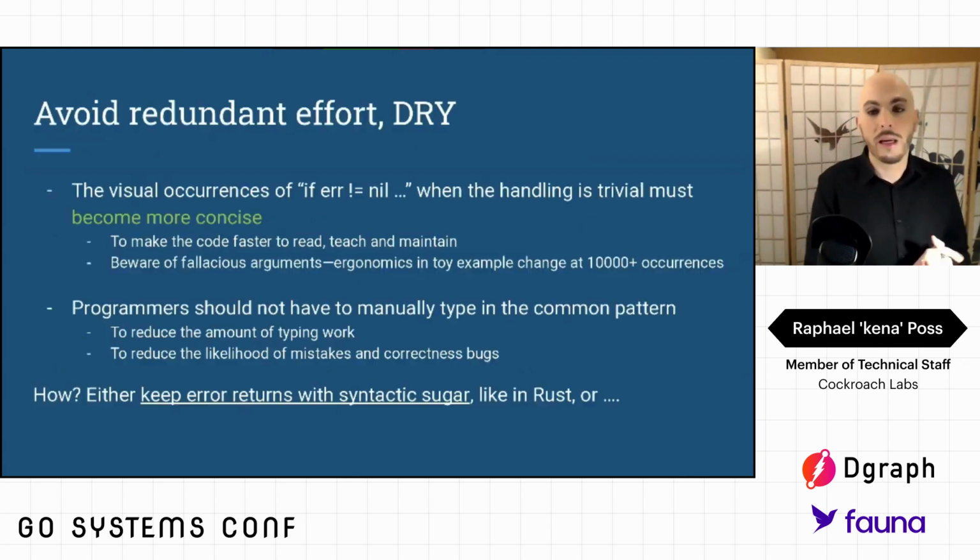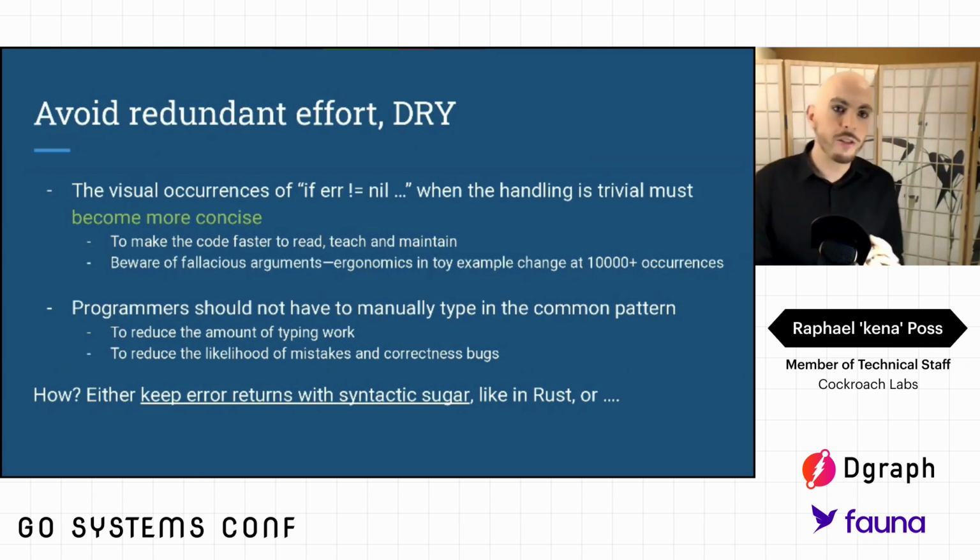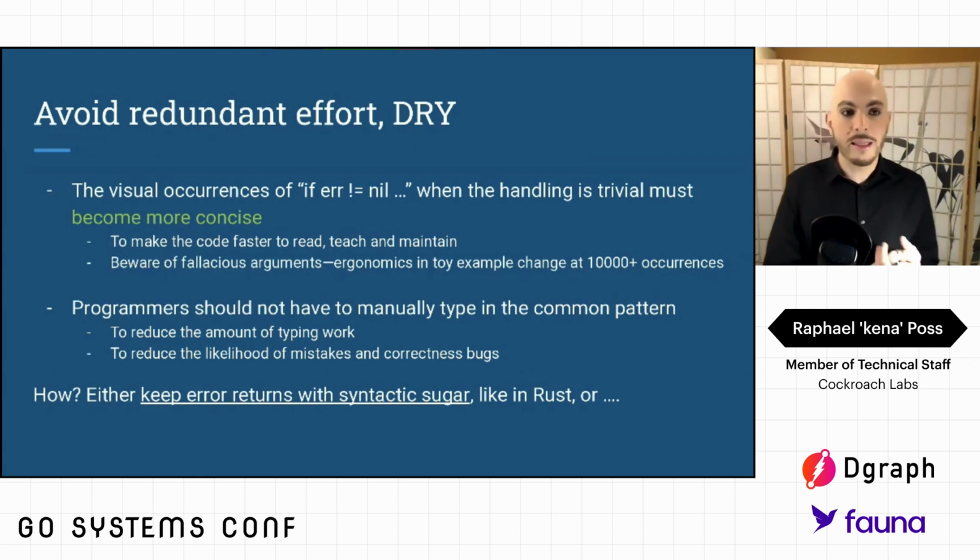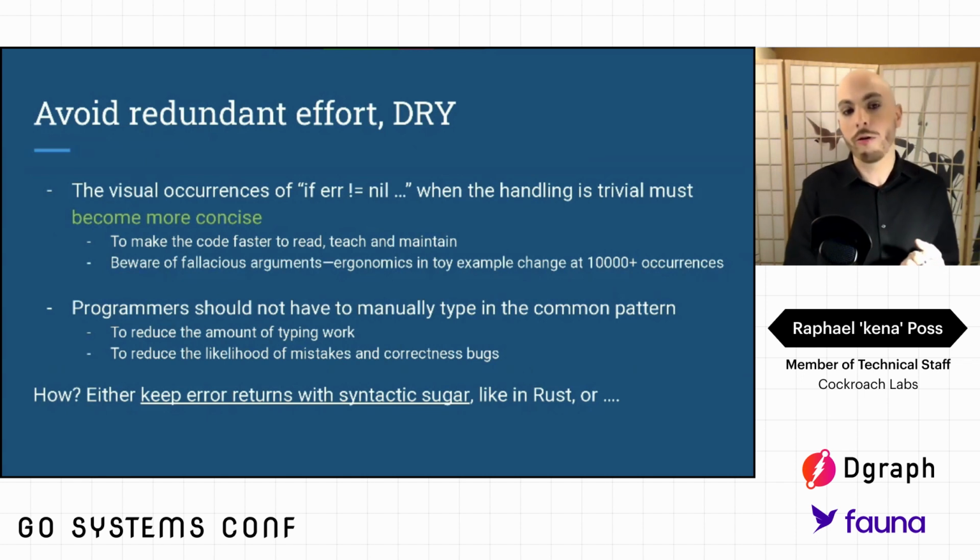The starting point of these recommendations is to understand that redundant effort in programmer time is costly, and also a source of opportunities for mistakes, bugs, and quality problems. So there is a very strong need in the Go ecosystem, and if possible the Go language, to make error handling more concise in some way.